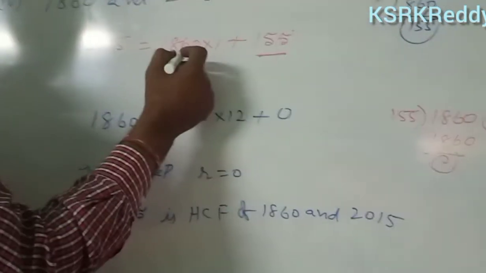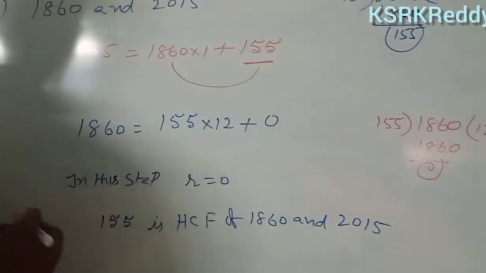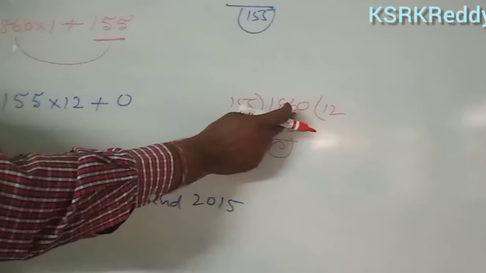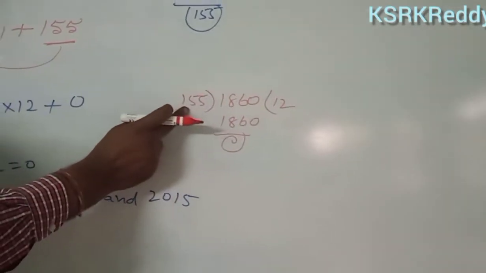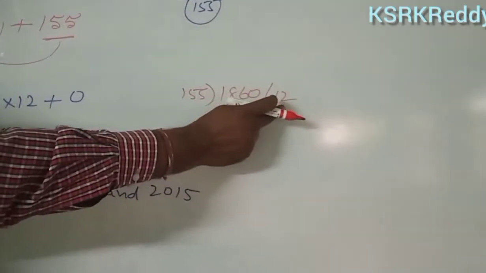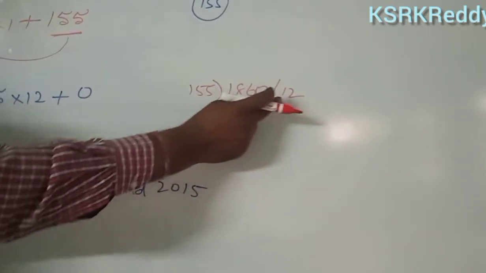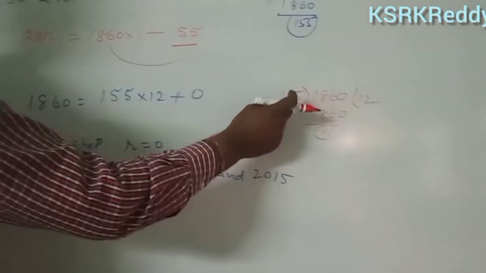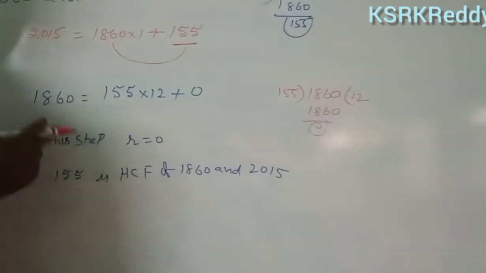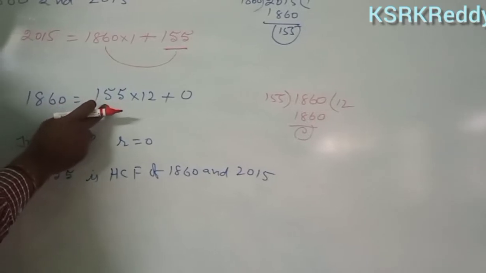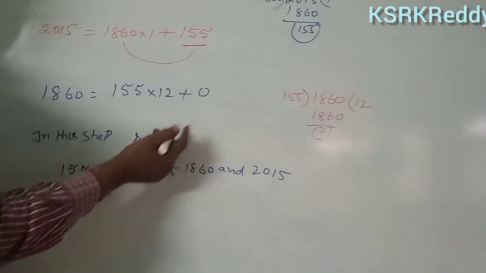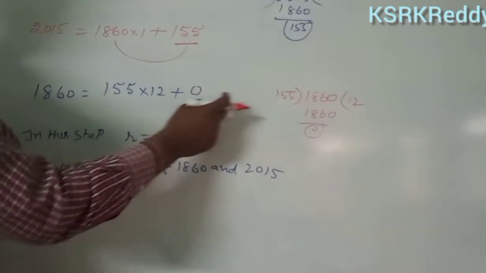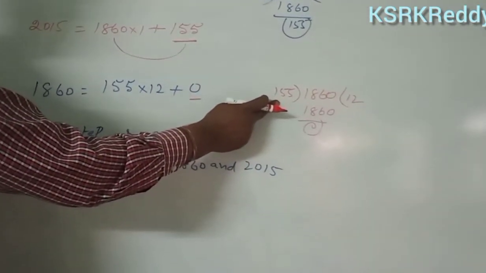So once again apply Euclid division lemma to these two numbers. Here 1860 is the greater value, 155 is the lesser value. 155 goes into 1860 how many times? 12 times. 155 times 12 is 1860. Remainder value 0. So 1860 is equal to 155 into 12 plus remainder 0.